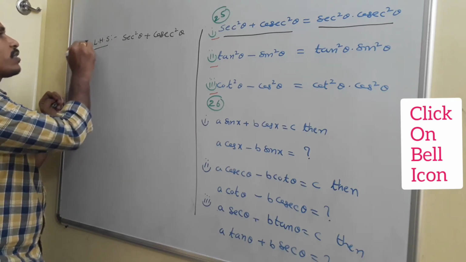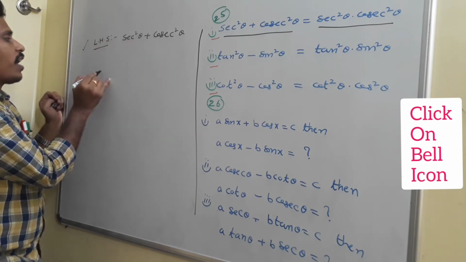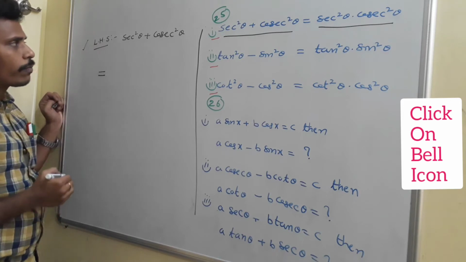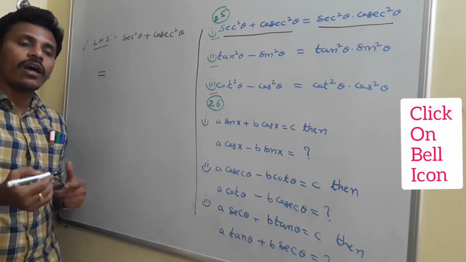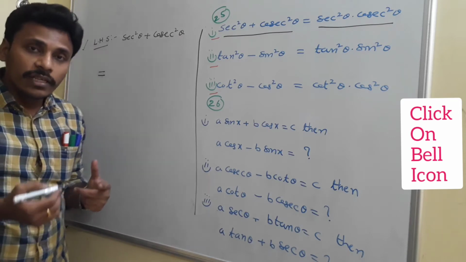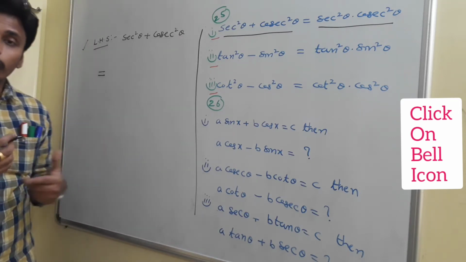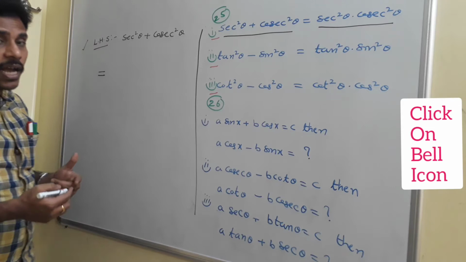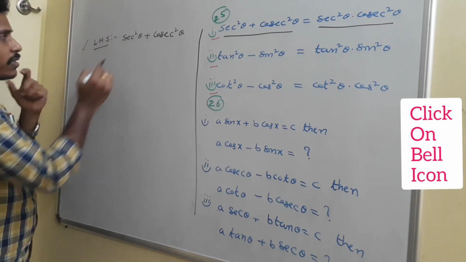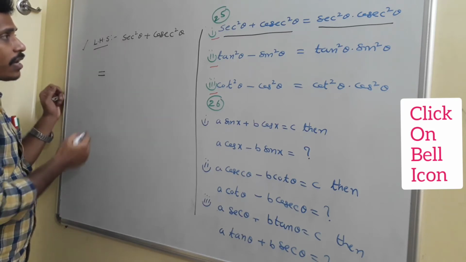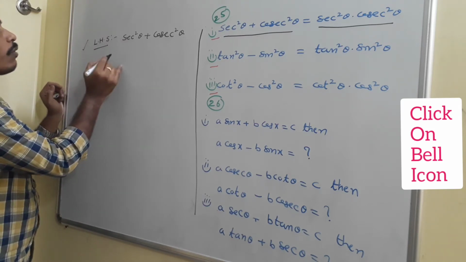Look at this: I have secant square theta plus cosecant square theta, and that is equal to, we have an identity that secant theta and cos theta are reciprocal to one another. Secant theta into cos theta is equal to 1. With that idea, I can write secant theta as 1 by cos theta. Secant square theta is nothing but secant theta whole square, okay?